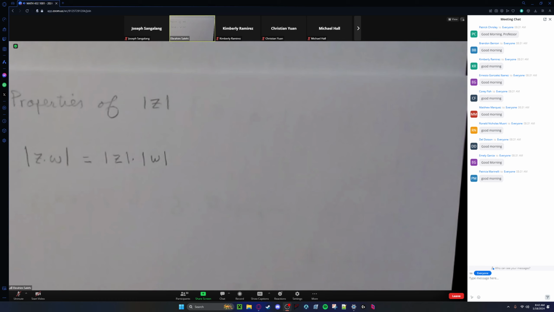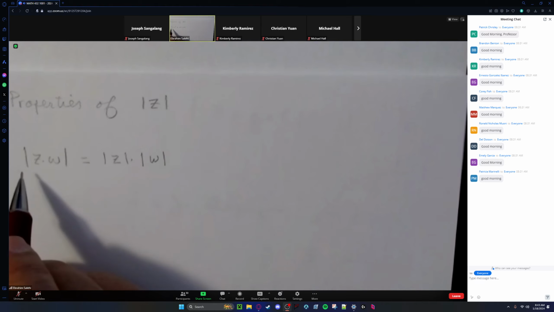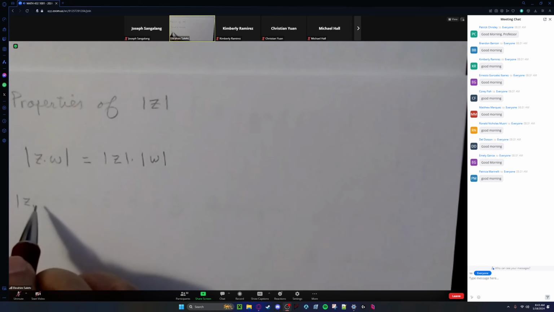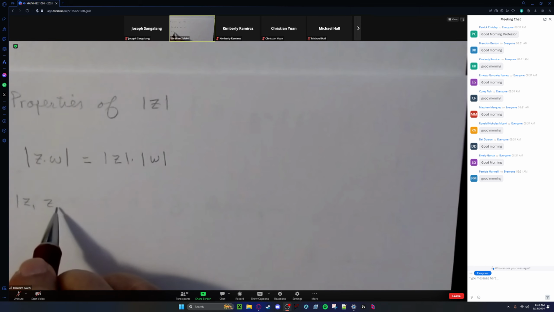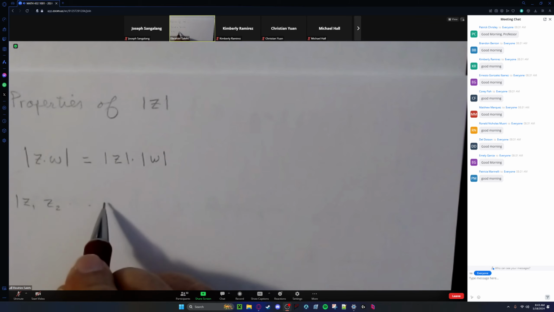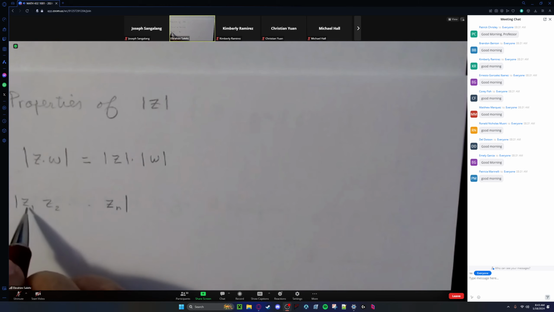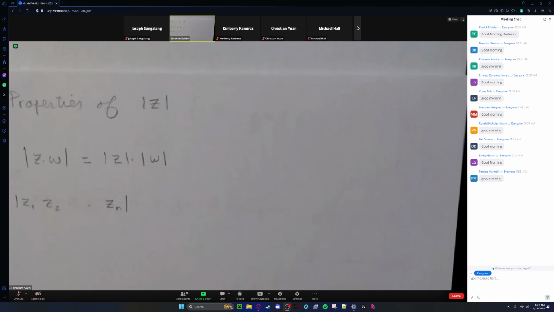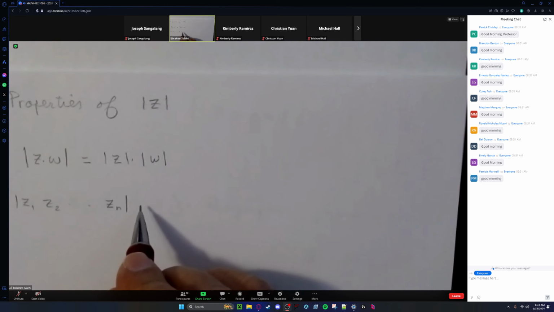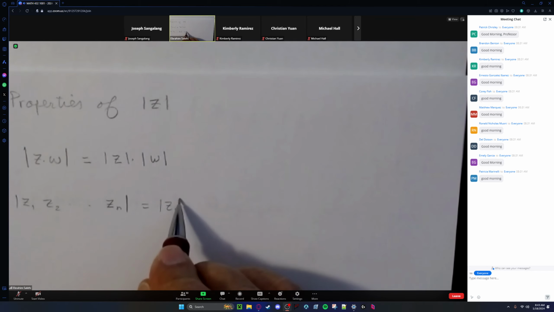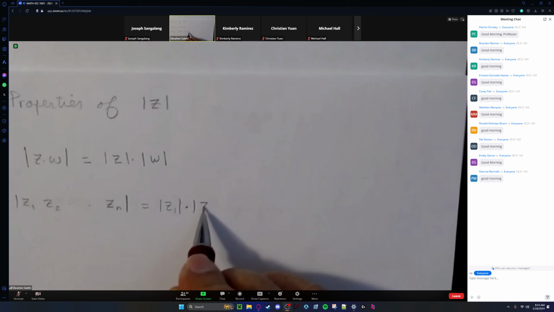For example, here, instead of 2, I can have 3 or 4, in general, n of them. So you multiply these and take the modulus, which is the same as taking the modulus of each one and then multiplying them.